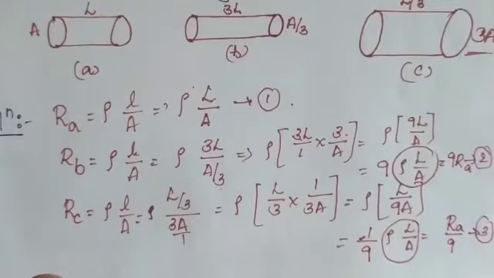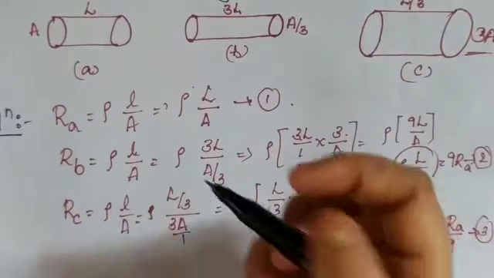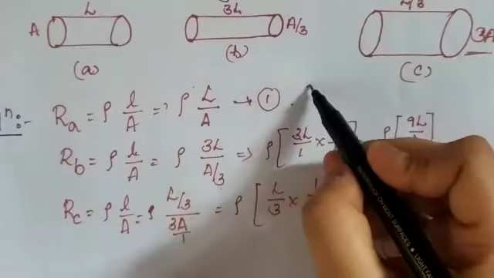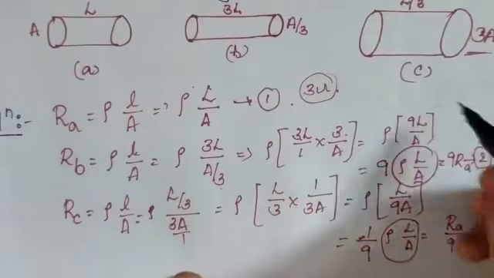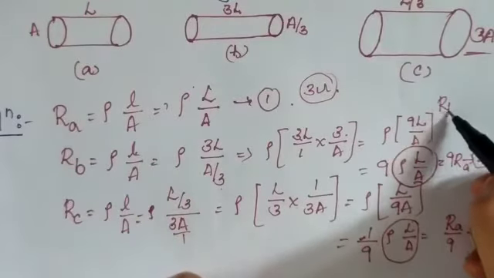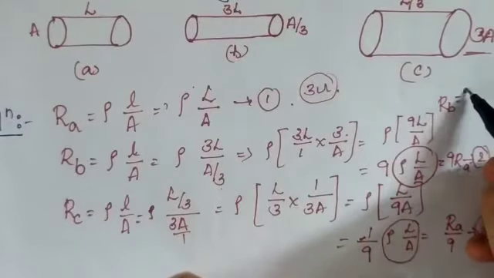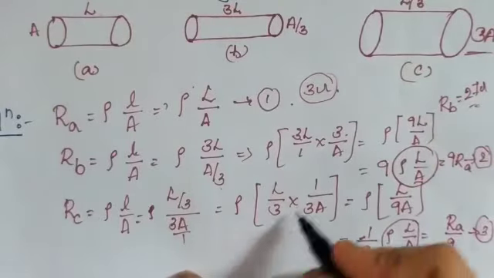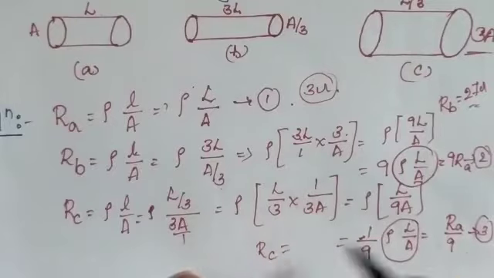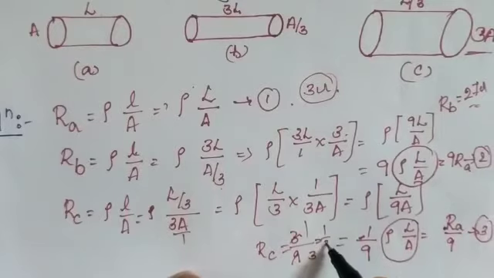Now we have to see which is the highest resistance, and write it in order. For example, if Ra is equal to 3 ohm, then Rb is 9 into 3, so 9 threes, you get 27 ohm. Next, Rc is equal to Ra divided by 9, so 3 divided by 9, you will get 1 by 3 ohm.